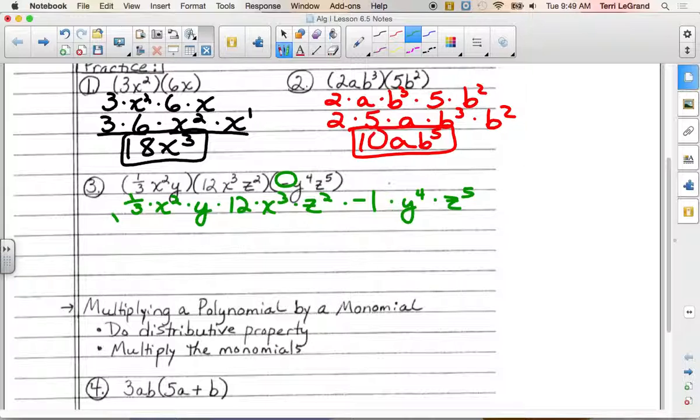And then we will rearrange it so that we have all of our constant terms at the beginning. Which factors would we line up next? X's, Y's, or Z's? X's, because remember, algebra likes alphabetical order. And next would be the Y's.